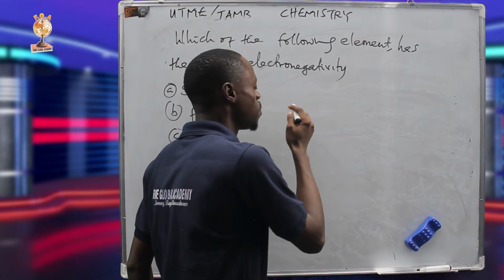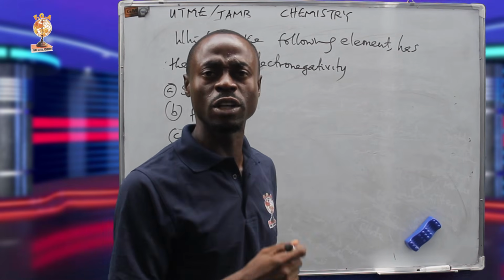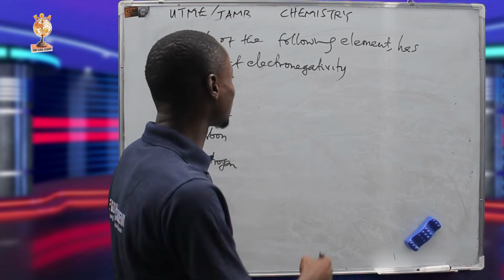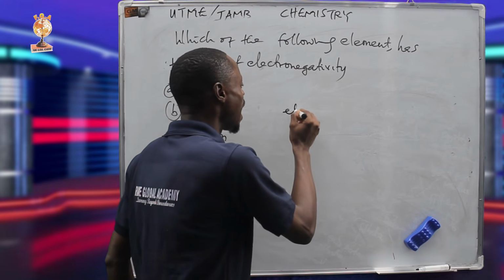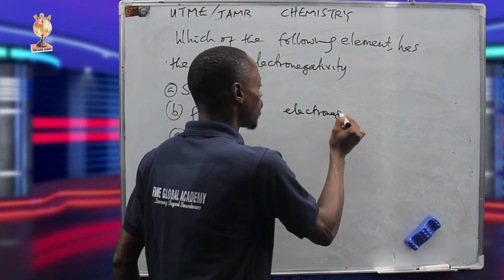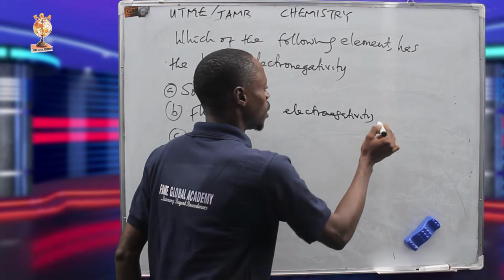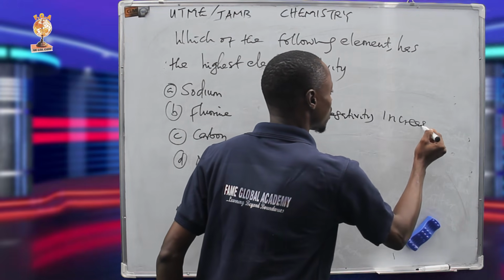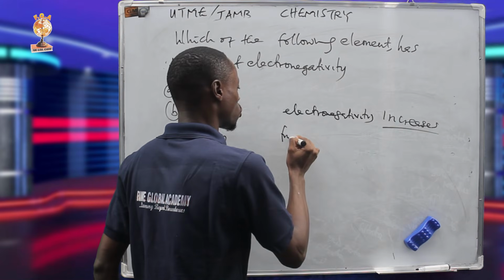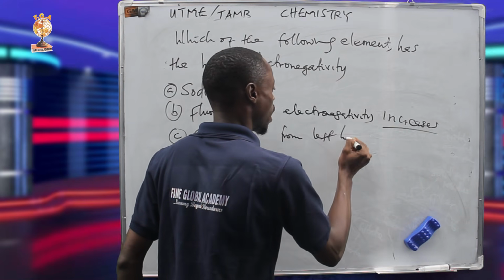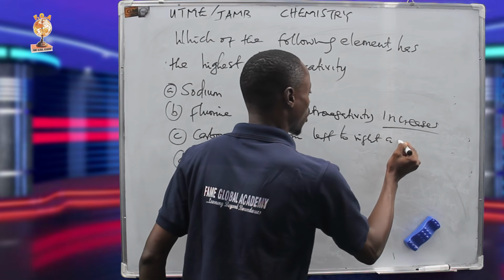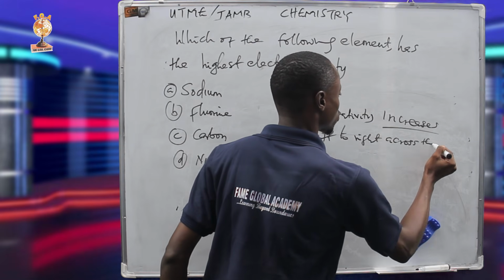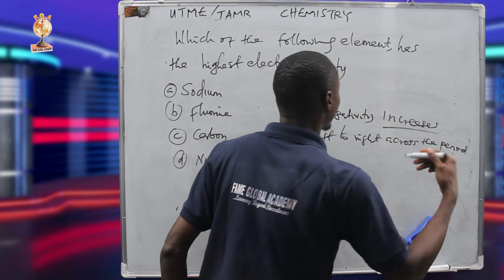You will agree with me, as studied under the topic periodic table and the properties of elements, that electronegativity increases from left to right across the period.